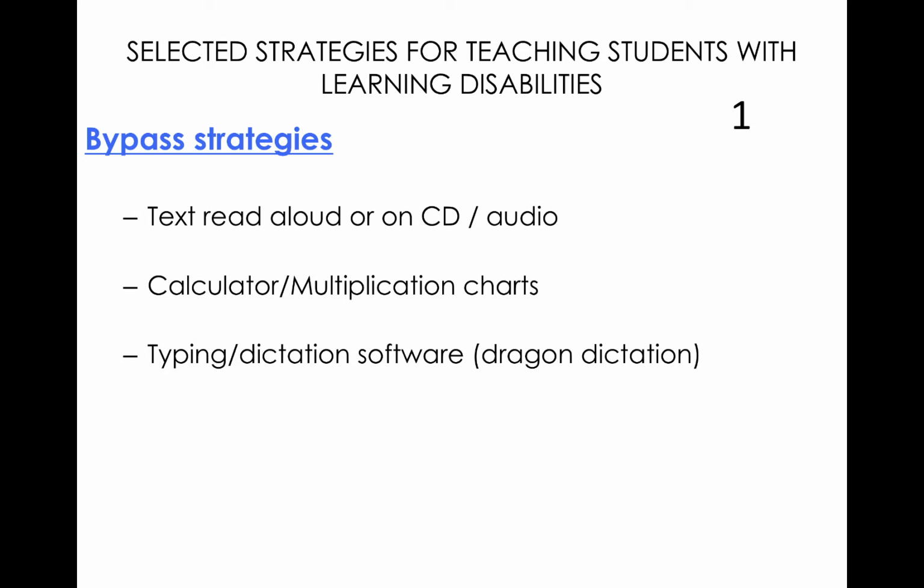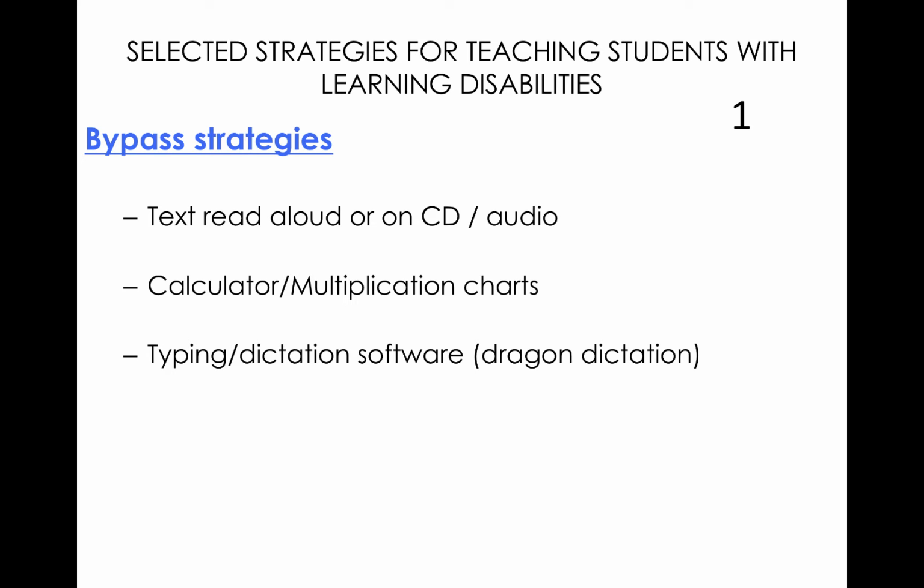So the first one is to provide the student with learning disabilities a bypass strategy. And a bypass strategy is exactly that. It is bypassing their area of need and getting them from point A to point B, circumventing the challenges that they are experiencing.